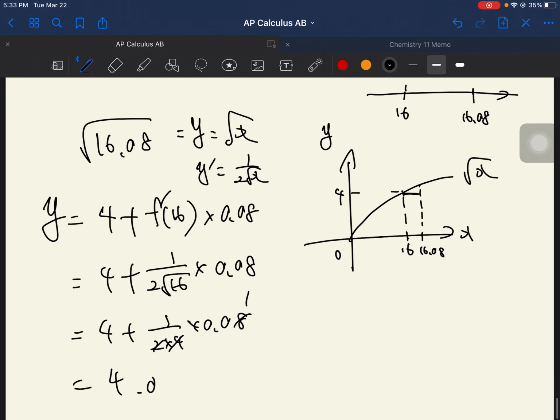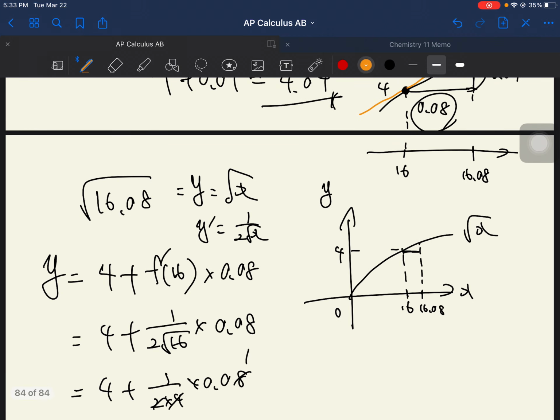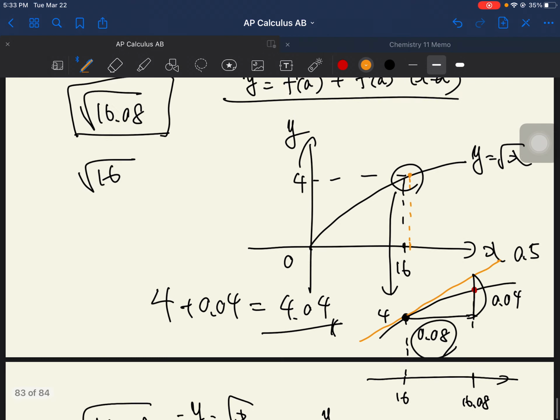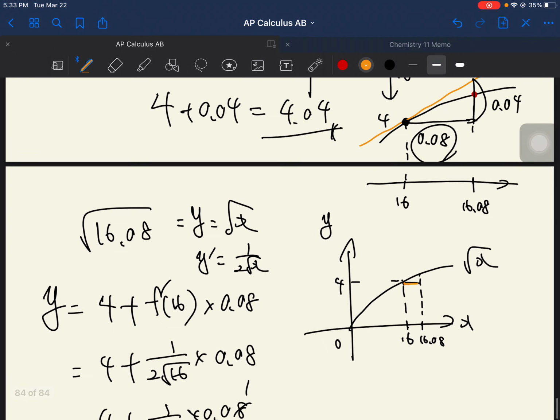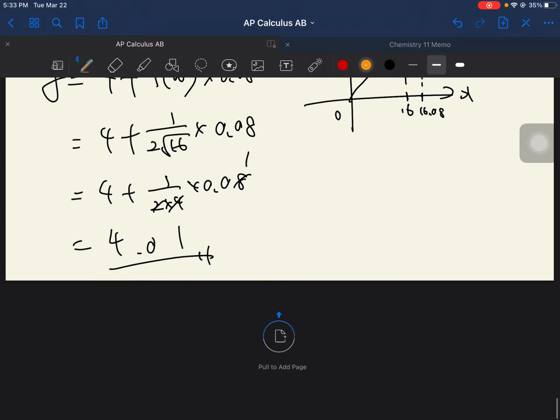So the answer is 4.01. So again, this is an approximation, so it's not an exact number, but this can be applicable when this value is really small. I mean, when the x value and a value are pretty close.